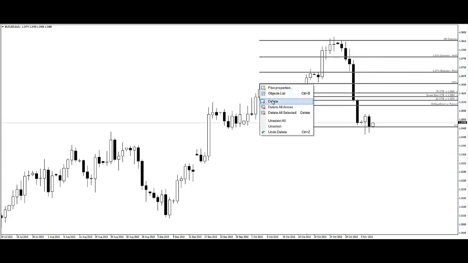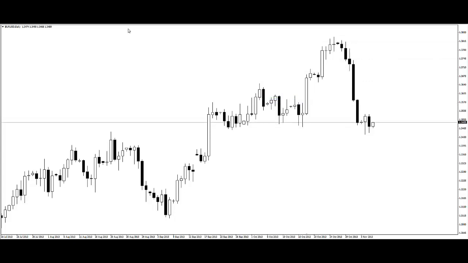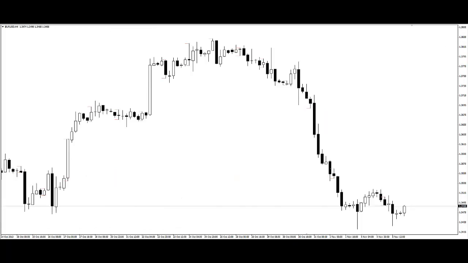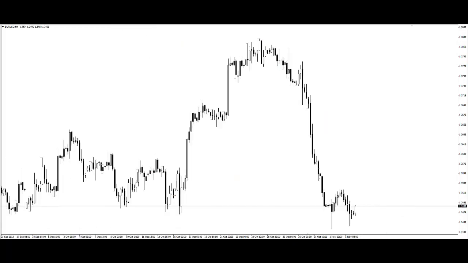If we break this down, we can go down into a 4-hour chart. What we're going to look at here is the market moving lower. We have this swing up, so there's going to be a fulcrum point right here.